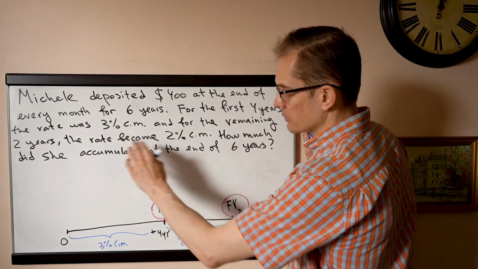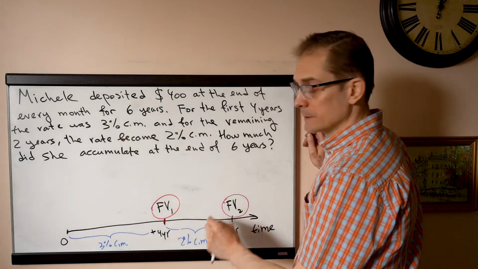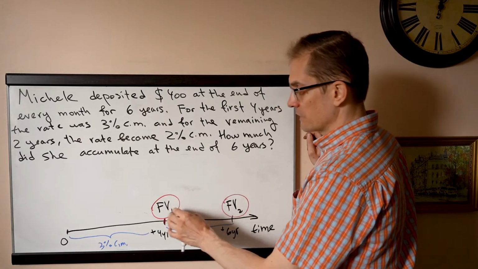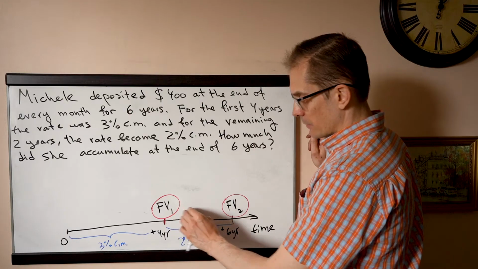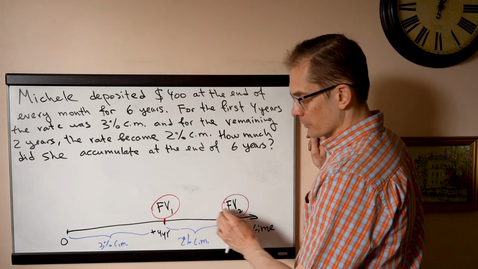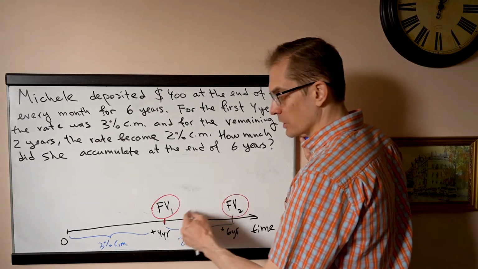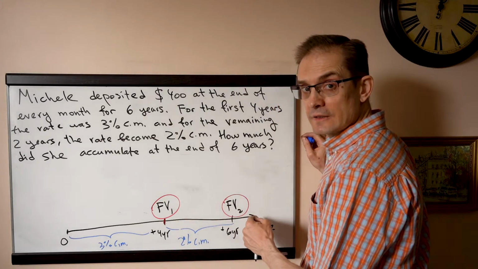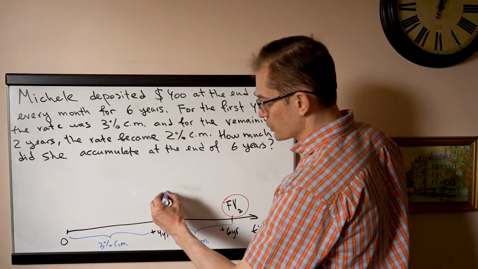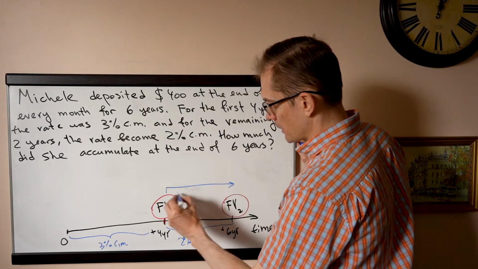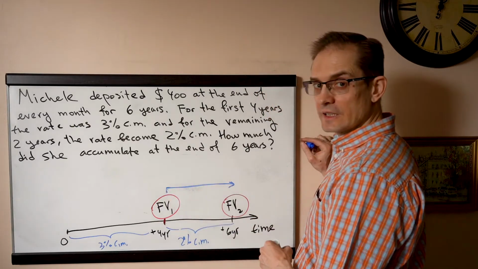So Michelle will not pick up this future value 1, she will leave it in the account for the remainder of the term for those 2 years, simultaneously with the fact that she will continue paying for that second annuity, right?